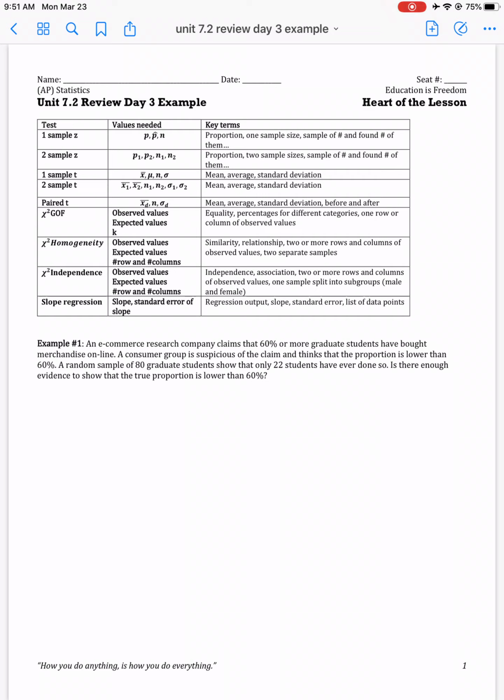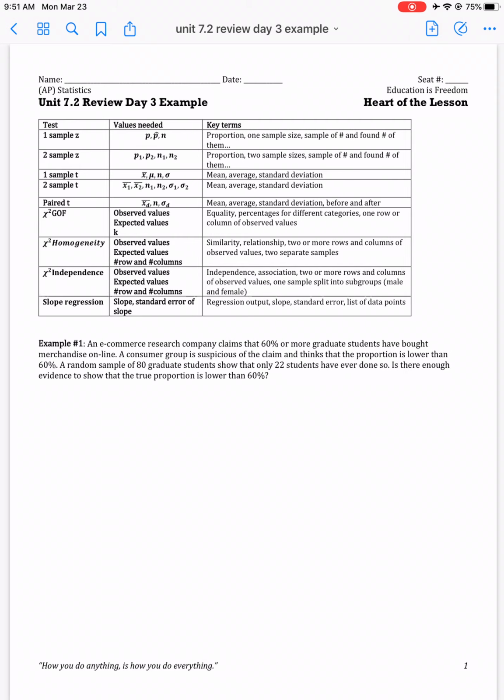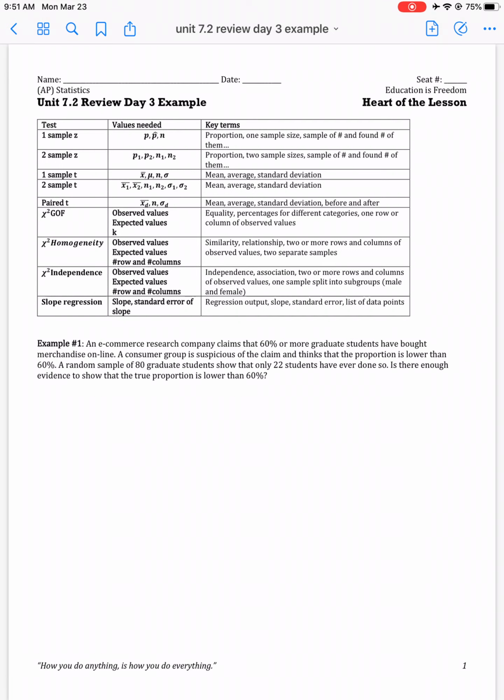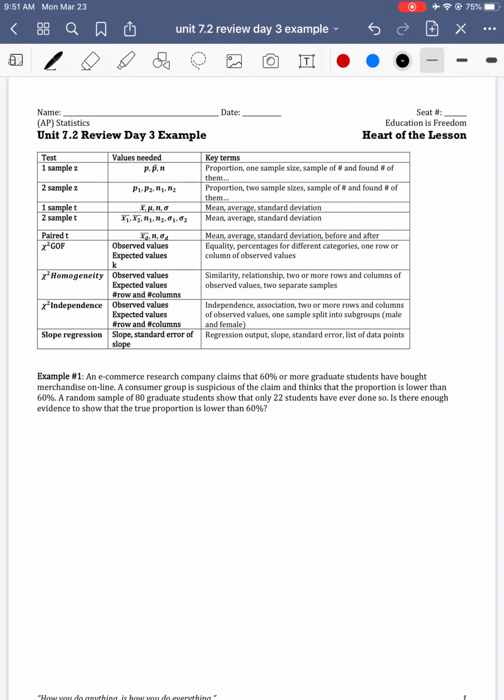Okay, so let's use this table of information above to narrow down what type of hypothesis test we're going to do. So the biggest thing that's jumping out at me right now is that they give me this value of 60%. I know that if I'm given a percentage, most likely it's going to be a proportion test.